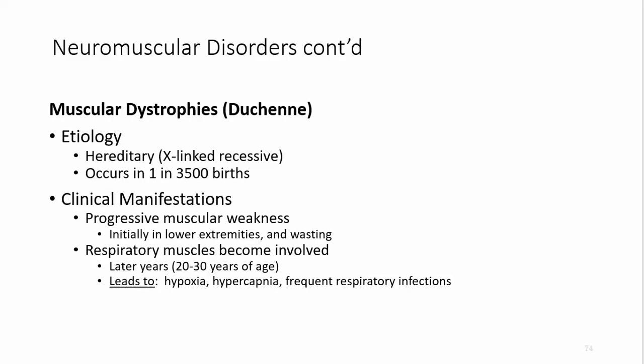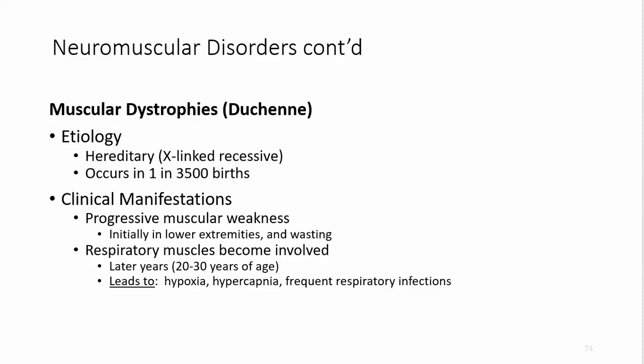Muscular dystrophy is a horrible disease. It's an X-linked recessive problem. Mothers that are carriers have one X chromosome that carries this defect, and the other X chromosome that doesn't. They don't get the disease.